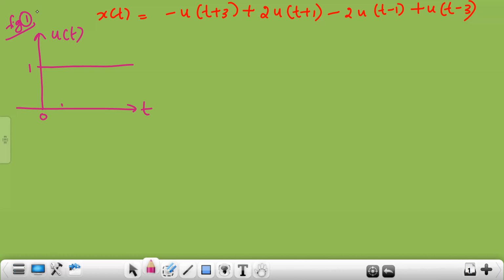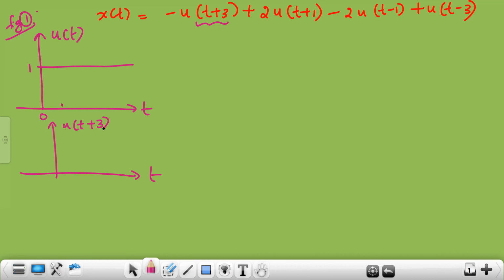Now what is the next thing that you need to do? You have to draw u of t plus 3, because the first term is u of t plus 3. T plus 3 means to which side you will shift? Left side.